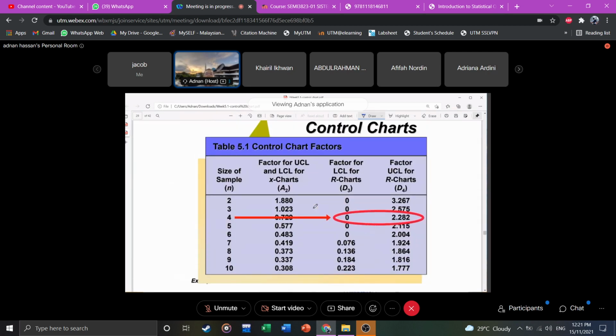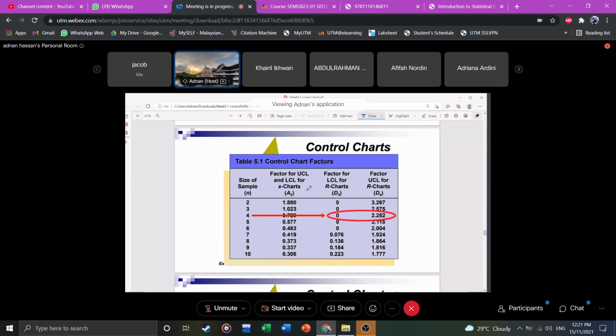This is an example of the table, what we call control chart factors. From the table you get the value of A2, D3, D4, and there are many other values. The other file that I shared with you has the complete table. For example, n equal to 4, and you see this is the value for A2, this is the value for D3, and this is the value for D4.